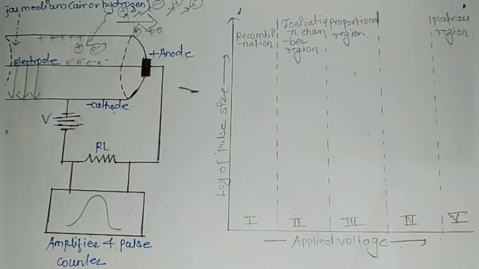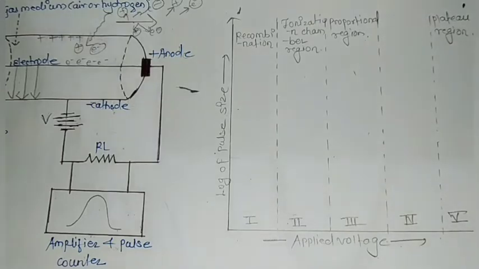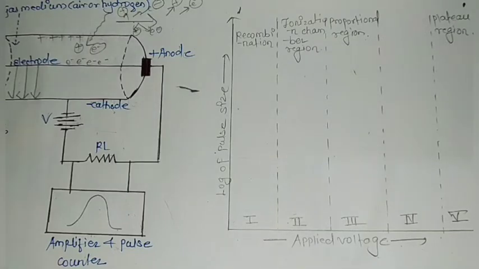Therefore, due to the thermal motion, these electrons and the positive ions will come back together and recombine to form neutral atoms.